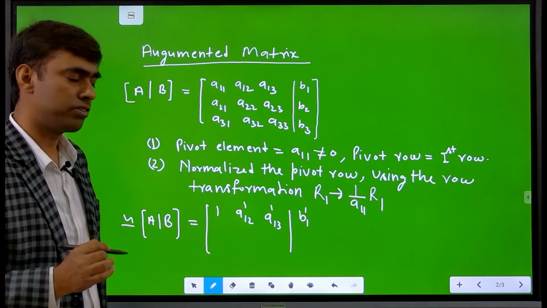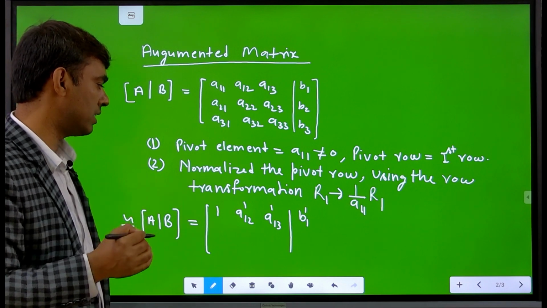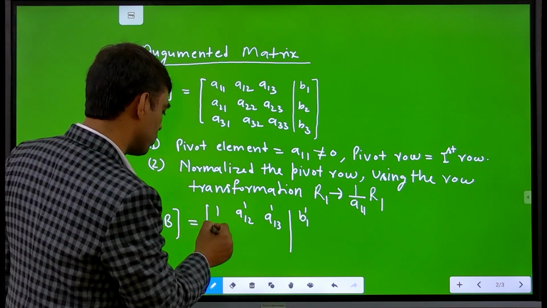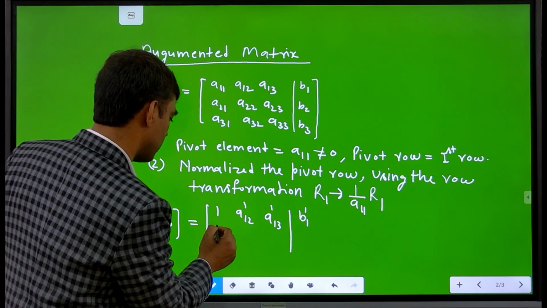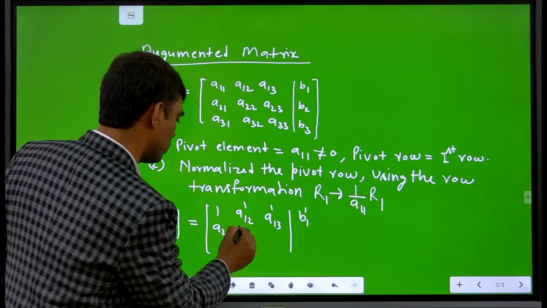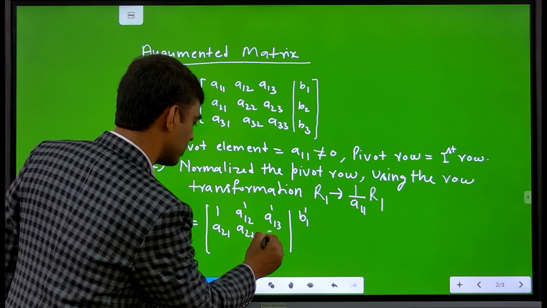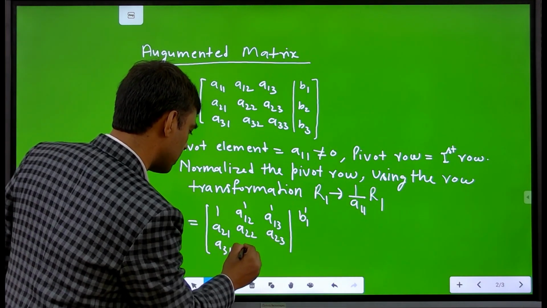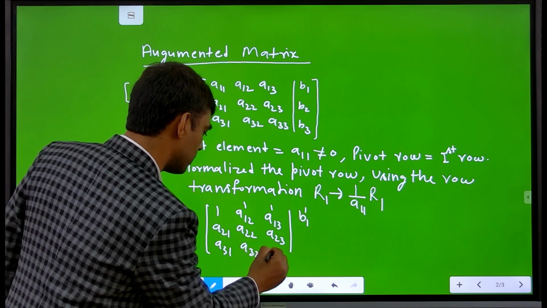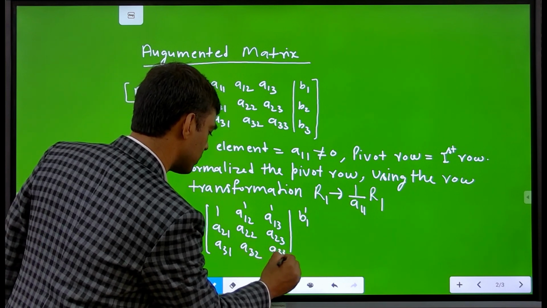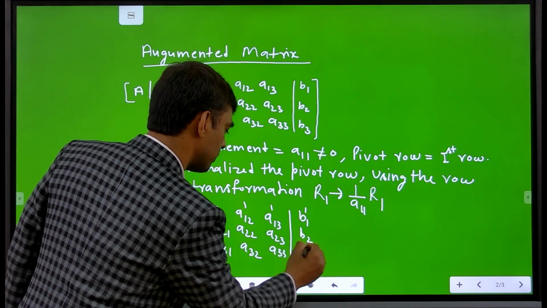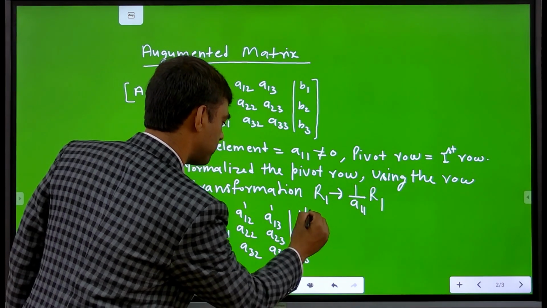This is the meaning of the notation A12 dash, A13 dash and B1 dash, and there is no change in the second row: A21, A22, A23, similarly A31, A32 and A33, and here B2 and B3.